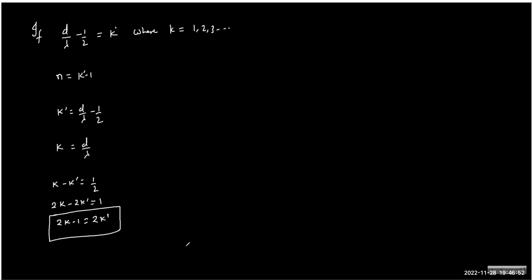I mean, 2k minus 1 is 2k dash, right? And the number of minima, how much did we write? The number of minima equals only twice of k minus 1, right? Because the minima will be only on both sides, not at the center.